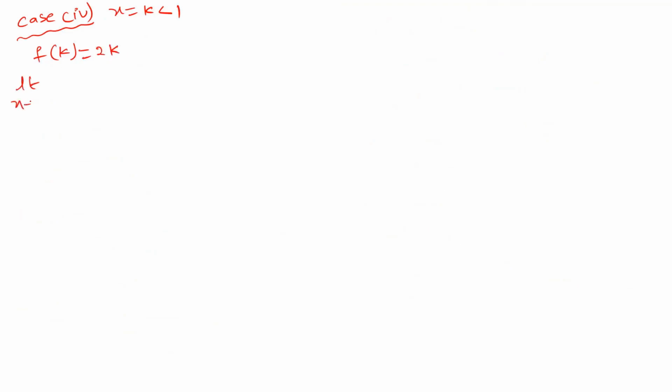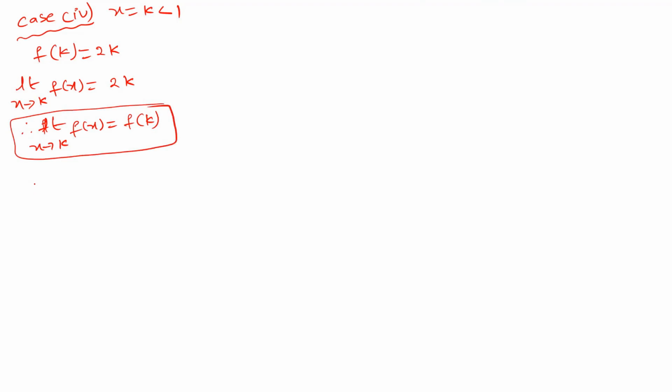Even the limit function also, limit x tends to k, f of x is equal to 2k we'll get here. Therefore, limit x tends to k, f of x is equal to f of k here. So f of x is continuous at x is equal to k, which is less than 1 here.